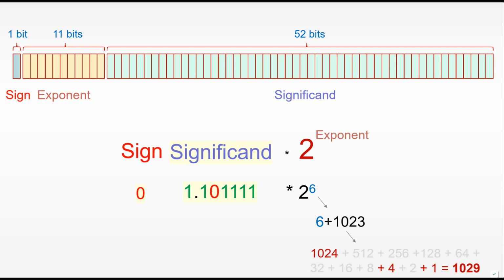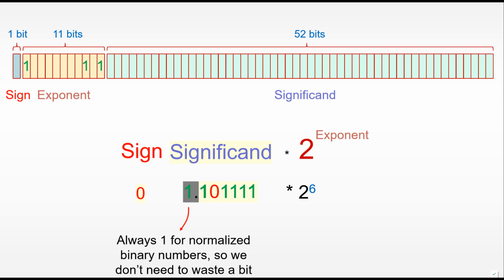So 6 plus 1023 is 1029, and the numbers that represent 1029 are shown in red below. If you look on the top left, the ones that we need to put in the exponent are the following. We need to put 1 right on the left of the exponent and then 2 more ones towards the right-hand side. So this is the exponent that is needed.